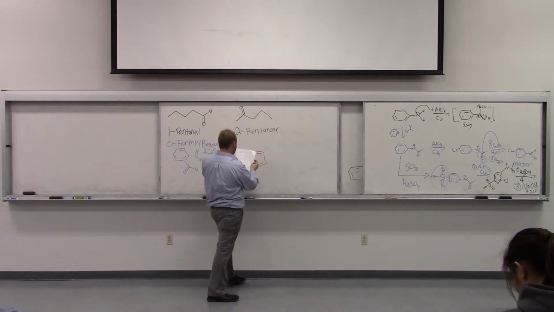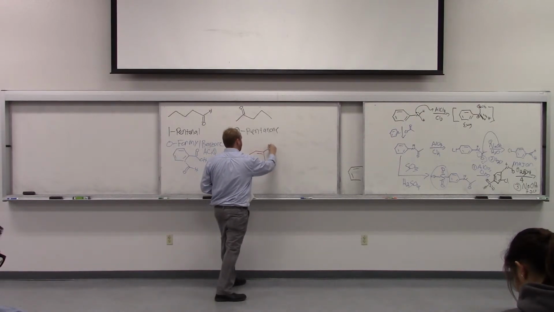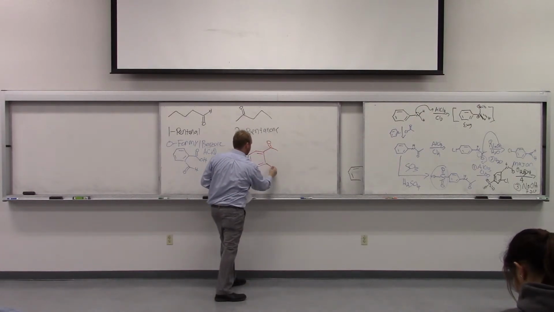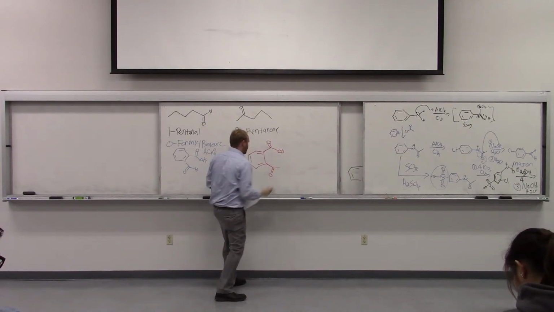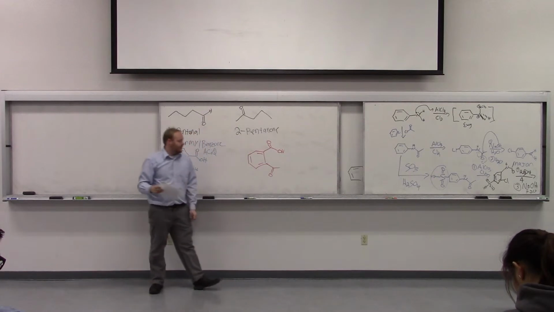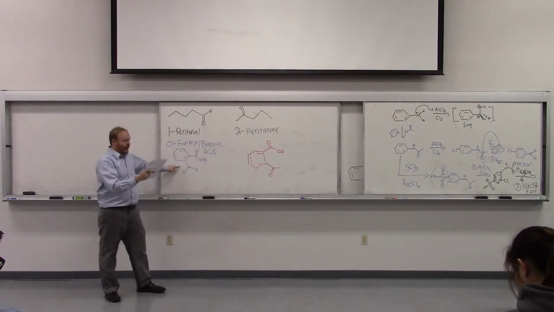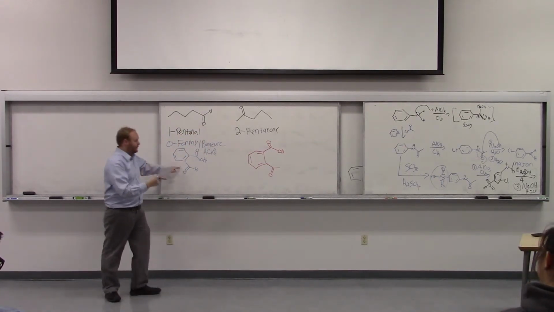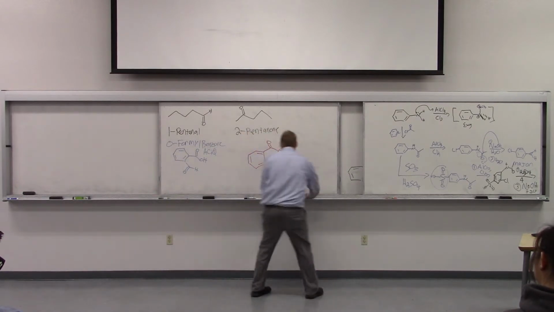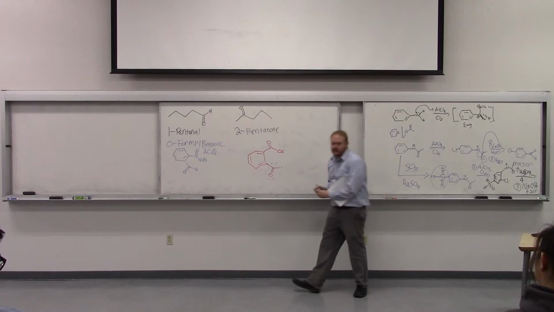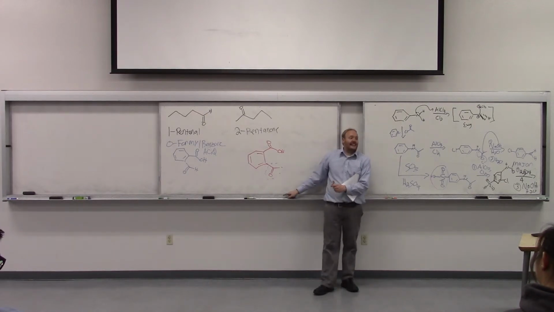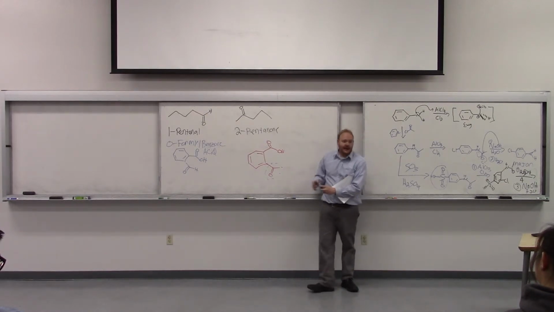So same thing, let's draw the benzoic acid. And now let's draw the ketone. So now, whereas an aldehyde we will call a formyl group, this part we call an acetyl group.